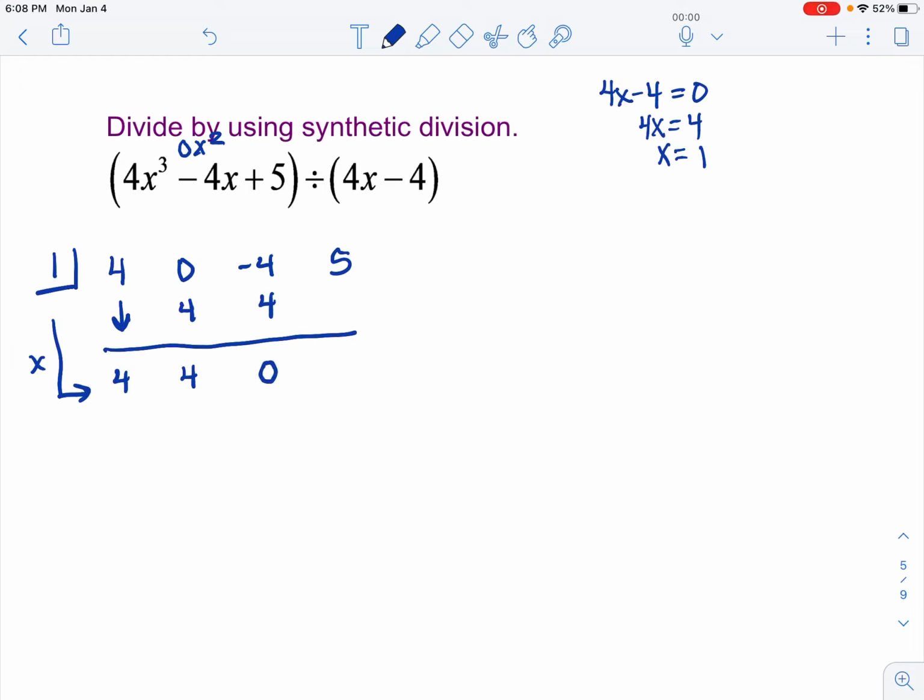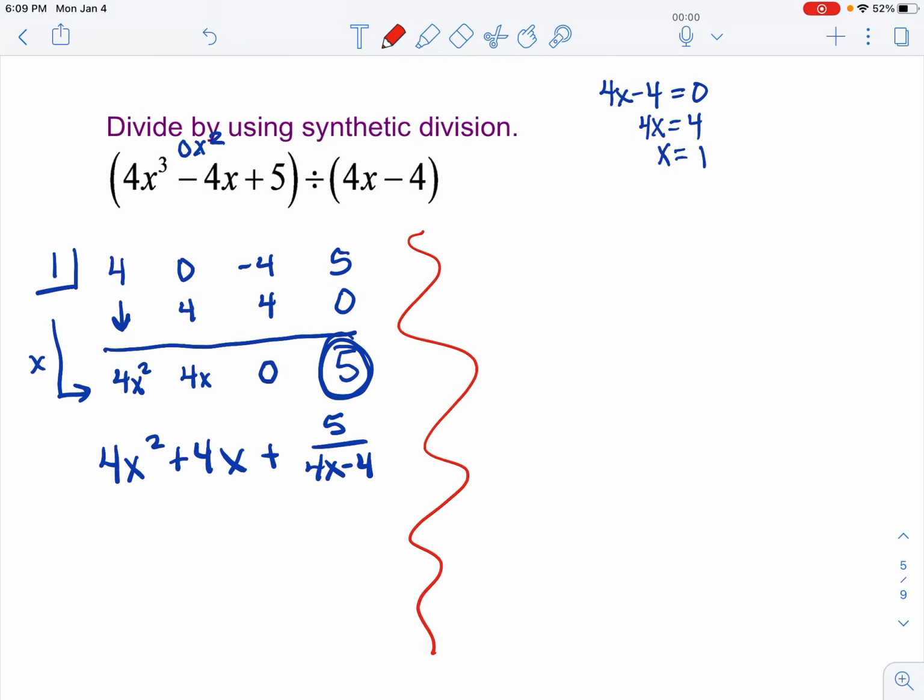That gives me a 0 and we multiply, we get a 0, and then a 5 is our remainder. Subtract 1 from our highest exponent, so 3 minus 1 is 2, so that's going to be x squared, x, and then nothing. So our answer looks like it should be 4x squared plus 4x plus 5 over 4x minus 4.